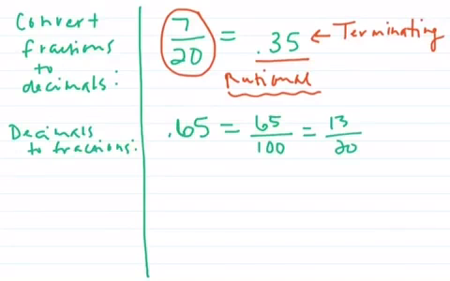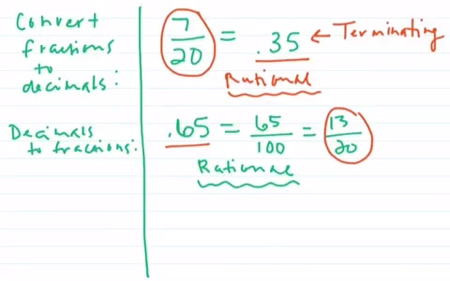And guys, you can do this by hand to simplify and convert. You can also use your calculator, all right? That's okay. And we'll do some more calculator practice in class with this. So this is rational because this decimal terminates, and even when simplified, it's a ratio of two integers in both cases here. Okay?